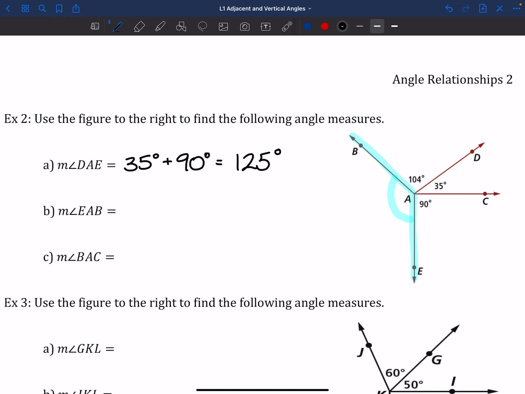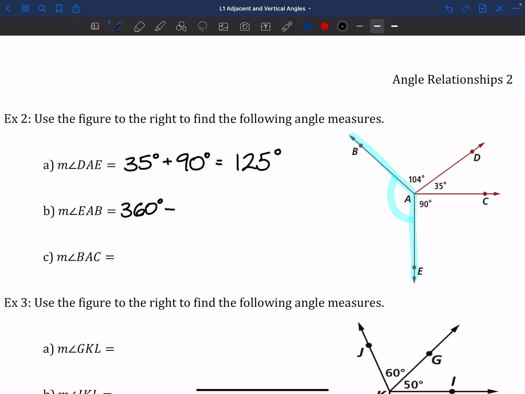Something we haven't talked about quite yet, you might know this from before: if you make a complete spin, like in snowboarding or skateboarding, it's called a 360. So there are 360 degrees as you spin all the way around something. If I started down at E and went all the way around just like that, I have traveled 360 degrees. So if I take 360 and then subtract all those other pieces, the 104, the 35, and the 90, that's going to leave me with just that chunk I'm looking for.